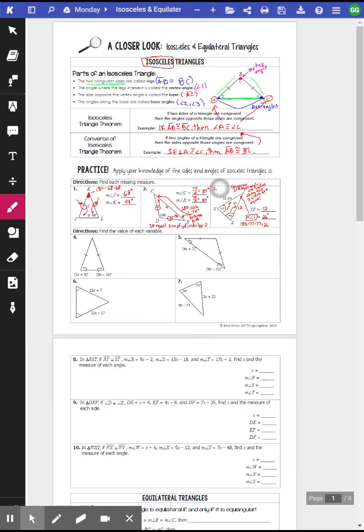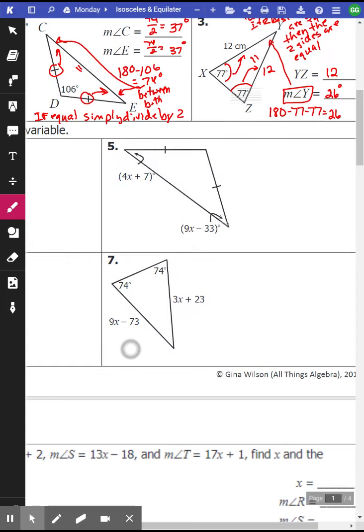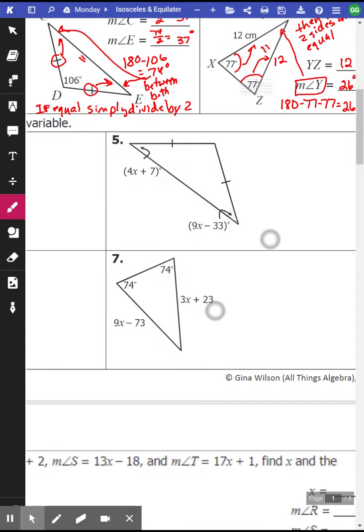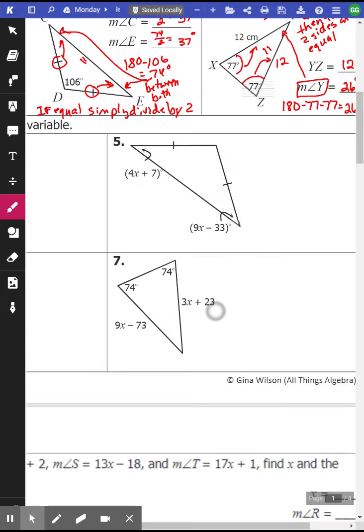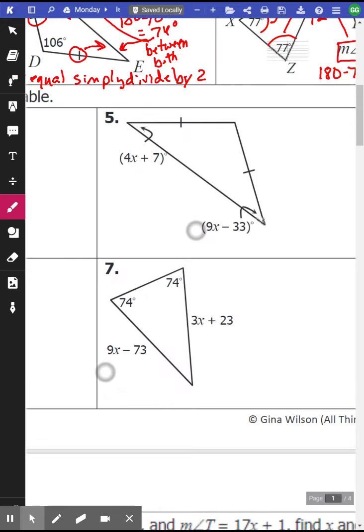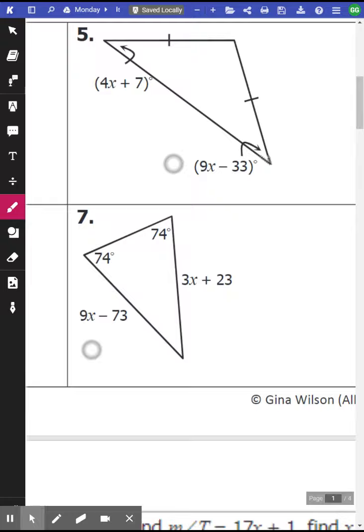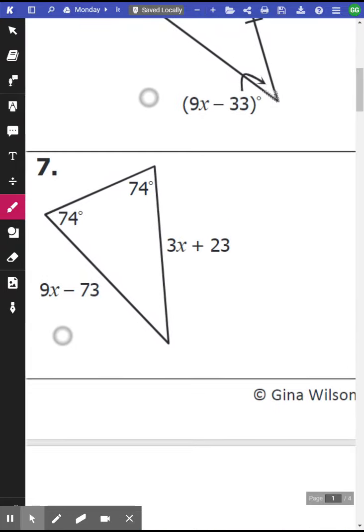All right, now that we took algebra back in here, let's look at, let's see, solve each variable. Here we have number 7.